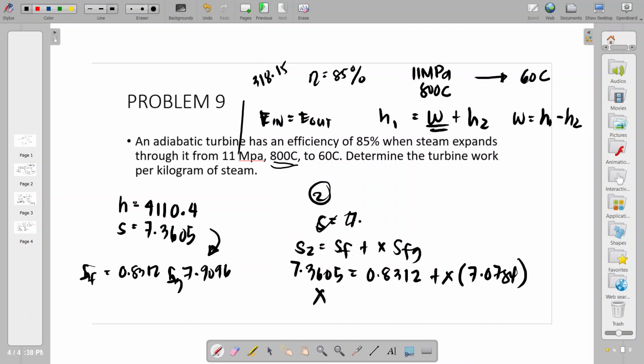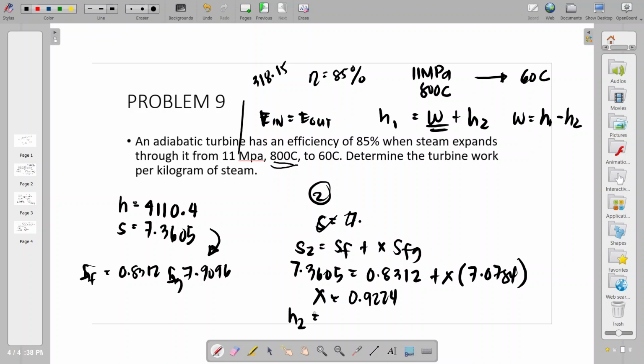Okay. So, ang x natin dito is equivalent sa 0.9224. Yun ang panghahanap natin ngayon sa H2.